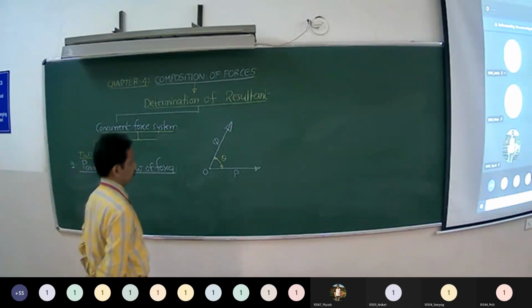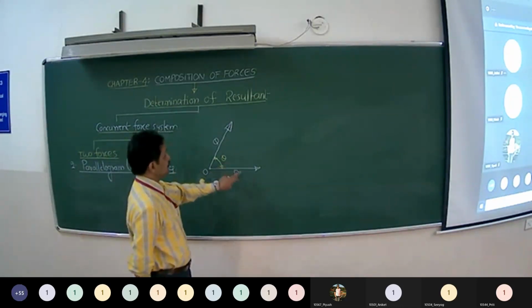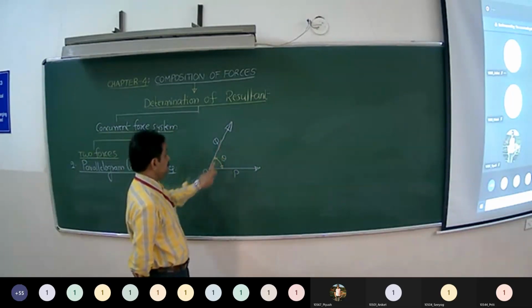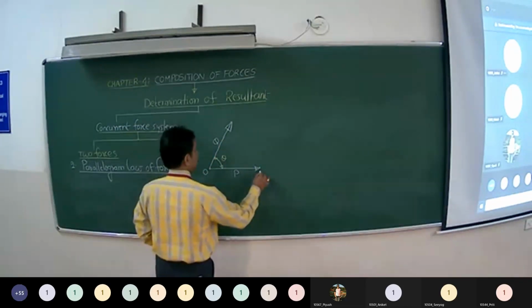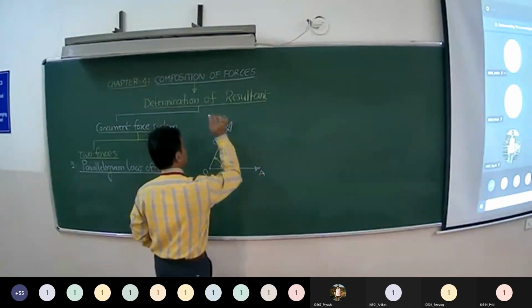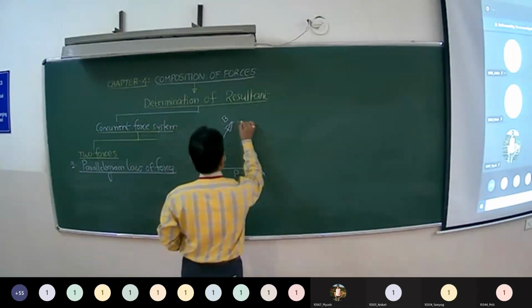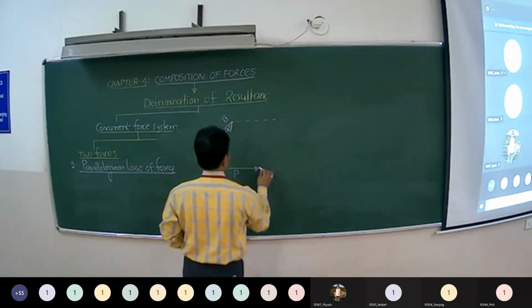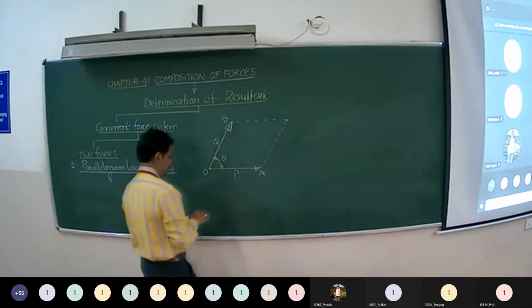See this figure. There are two concurrent forces P and Q acting at point O, which are represented by the adjacent sides of a parallelogram, say OA and OB. So by drawing lines parallel to these, you can construct the parallelogram.